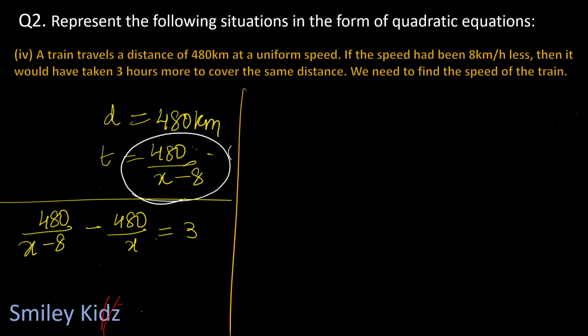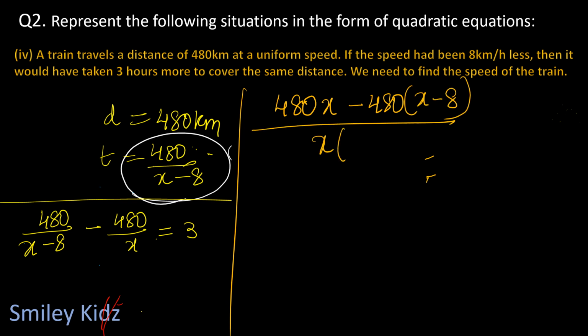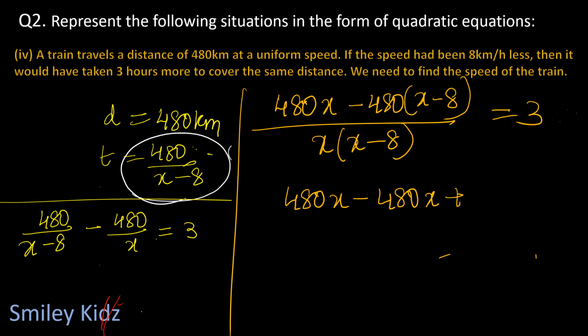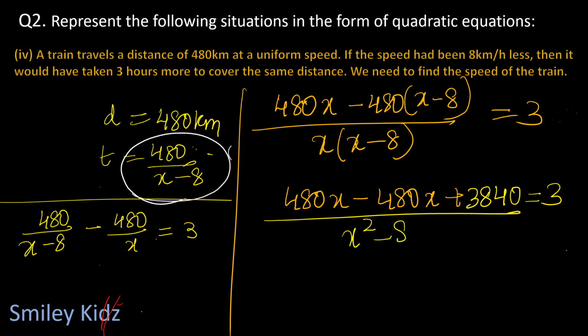So the equation would be 480 by x minus 8 minus 480 by x is equal to 3. Now let me solve this. So 480 into x minus 480 into x minus 8 upon x into x minus 8 is going to give me 3. What have I done? I have just taken the LCM of both the fractions. Then this is 480x minus 480x plus what is 480 times 8? It is 3840 equals to 3, and in the denominator I have x square minus 8x.